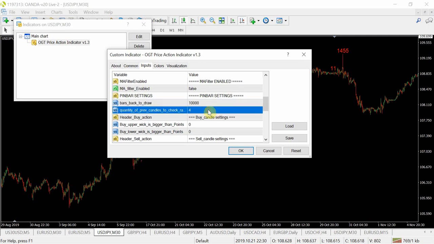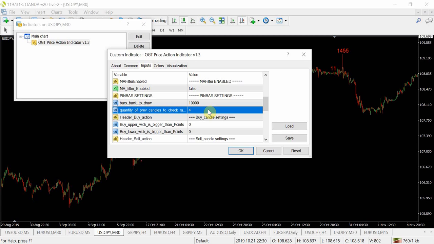For the quantity of previous candles for the range, I like to go with 4. For those of you who have followed my channel right from the beginning and looked at the original video of the price action indicator, which I'll link in the top right corner, and I strongly recommend that you go through that, I use Walter Peters's Naked Forex as the basis for creating this pin bar indicator, which is what it originally was.